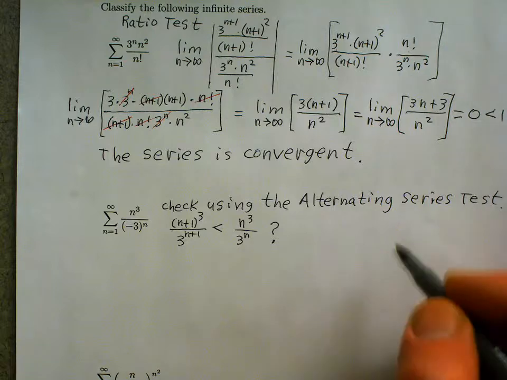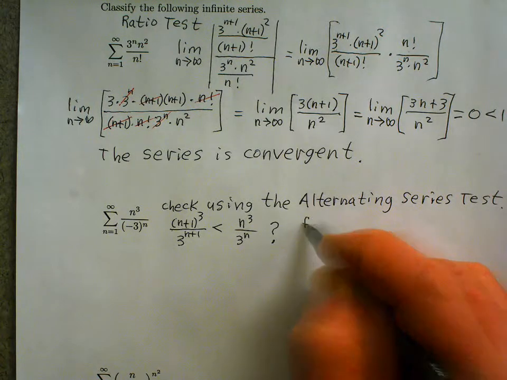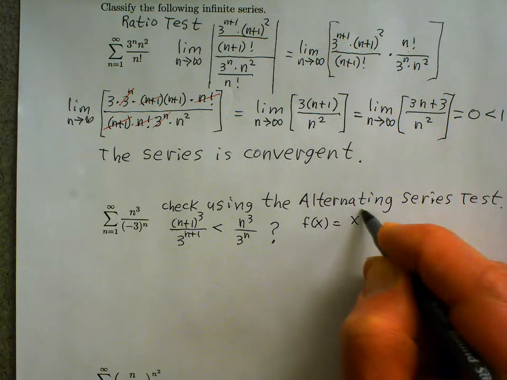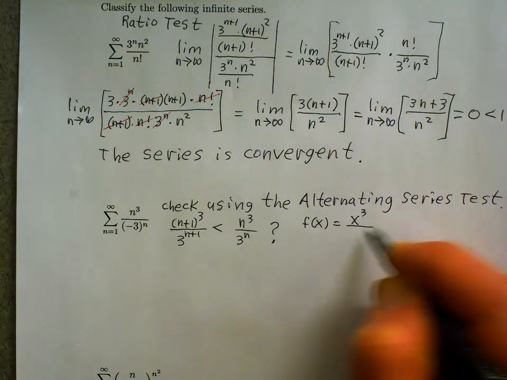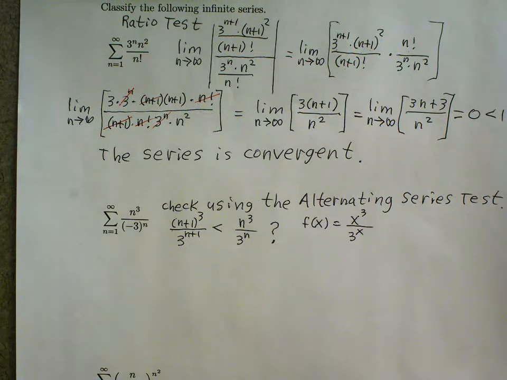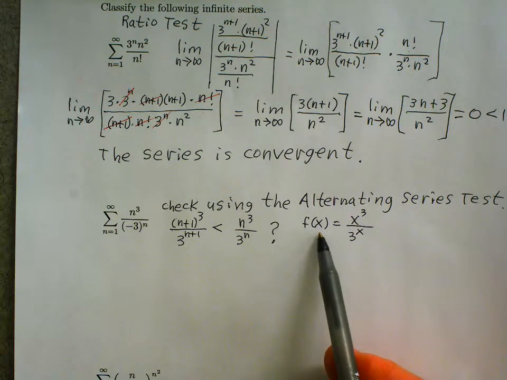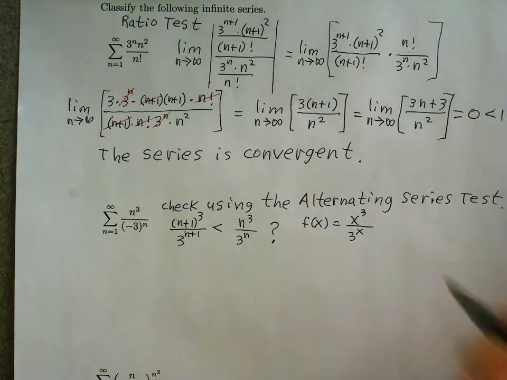Another alternative is to look at the function f of x equals x to the third over 3 to the x, and find the first derivative and then determine where the first derivative is negative. So why don't we do that for a minute or two?